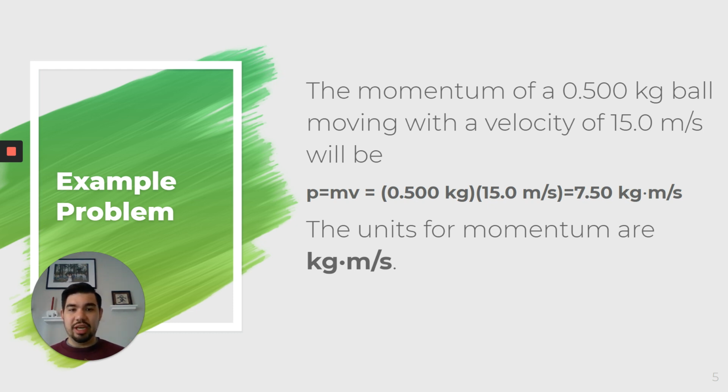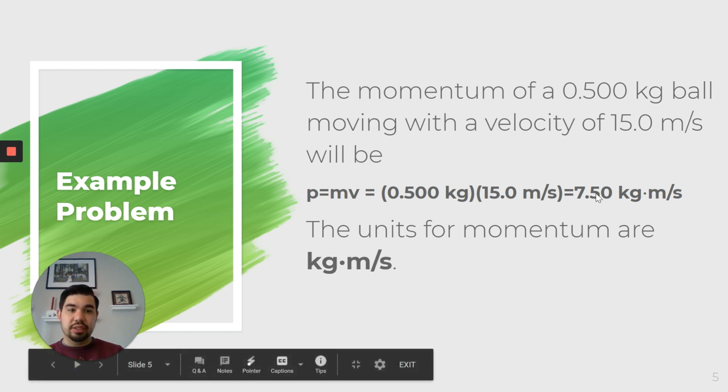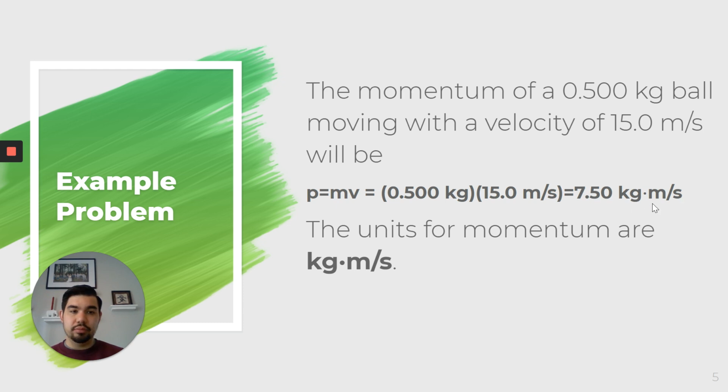Multiply those together. Again, if you're doing 0.5 times anything, it's just half of it. So half of 15 is 7.5. And our units in this case are kilograms meters per second. Again, we get that because we have the kilograms from our mass times our meters per second, which is our unit for velocity.